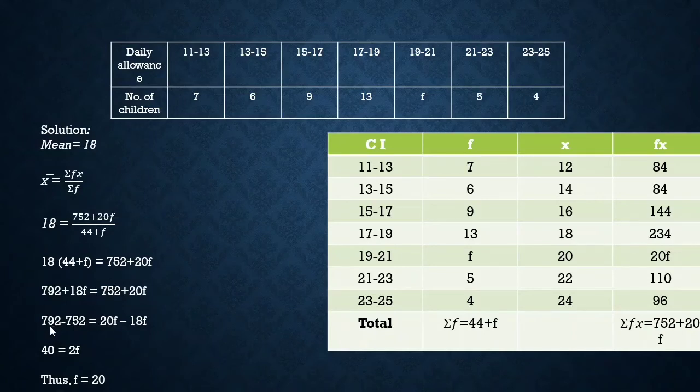So it will be 792 minus 752 is equal to 20f minus 18f. 792 minus 752 is 40, 20f minus 18f is 2f. So the value of f on transposing, we get 40 by 2, which is equal to 20. So the missing frequency f is equal to 20.